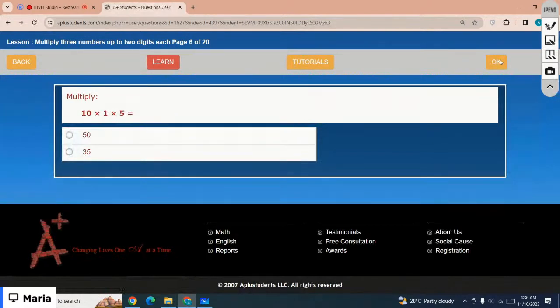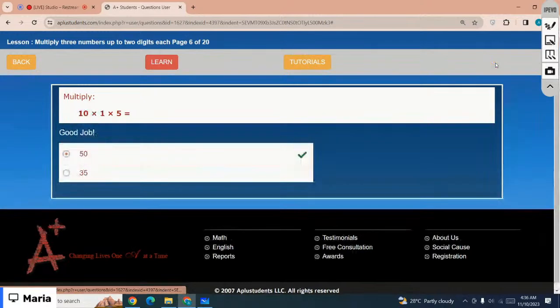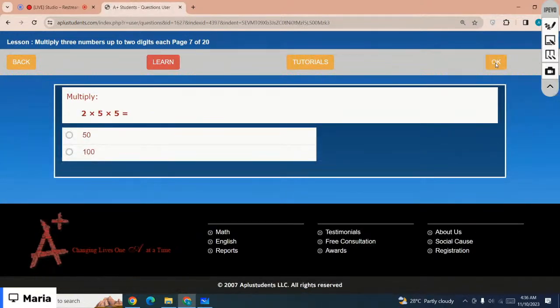Okay, multiply 10 times 1 times 5. Which is the correct option? Very good. The correct option is 50. Option number 1 is the correct option. Okay, the next one is 2 times 5 times 5.